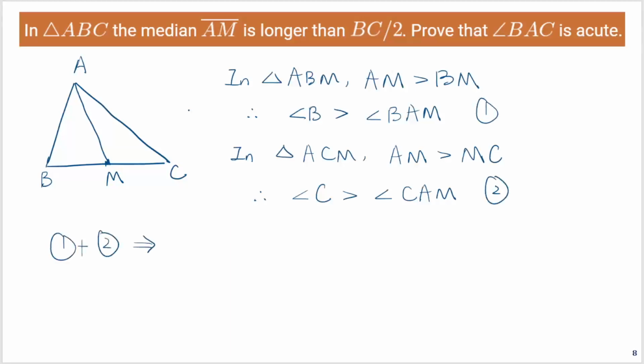And this gives us the left side is angle B plus angle C, and that's larger than the right side, which is angle BAM plus angle CAM, which equals angle BAC, right?